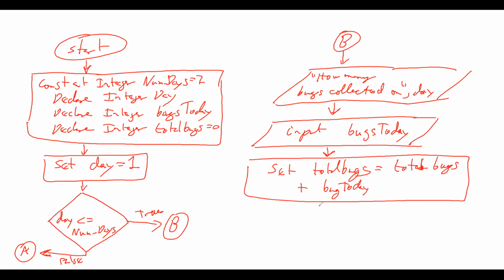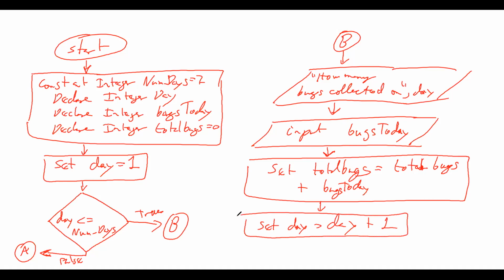Okay, and then I'm going to say set day equal day plus 1. Right, so that's everything in that loop. And then I'm going to say that this goes to C, where C just returns to the loop over there. Okay, so that allows me to complete that section.